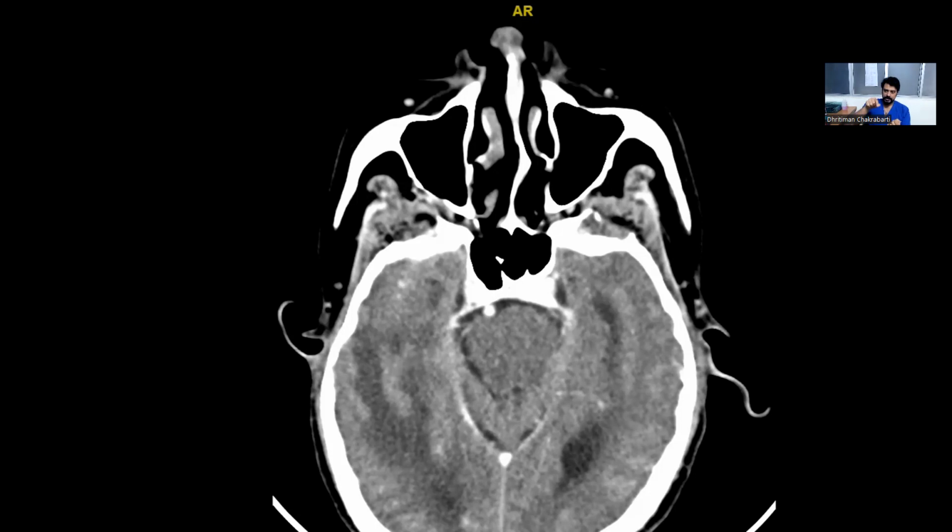The CSF spaces around the brainstem, specifically around the midbrain, are known as perimesencephalic cisterns, or the ambient cisterns. Mesencephalon is the midbrain, so surrounding that, perimesencephalic cistern. That's all.